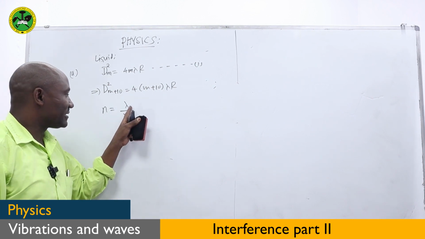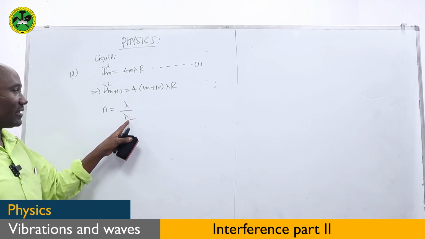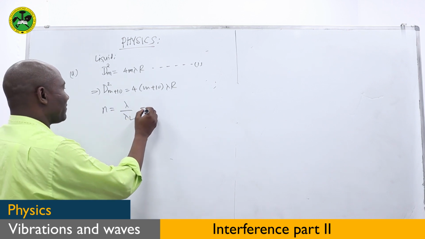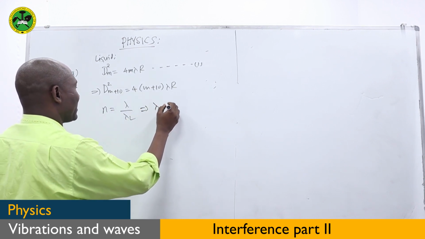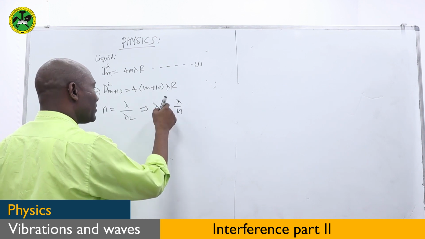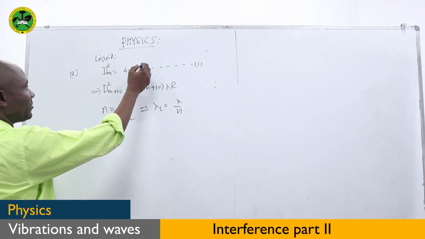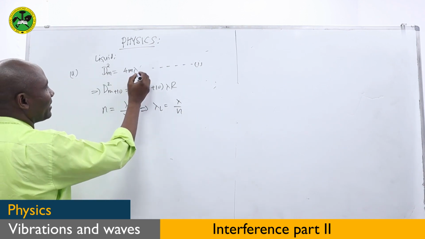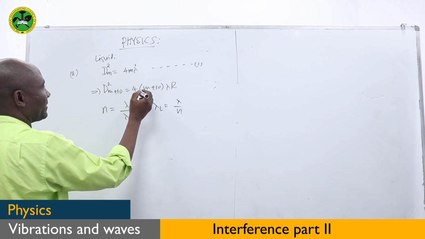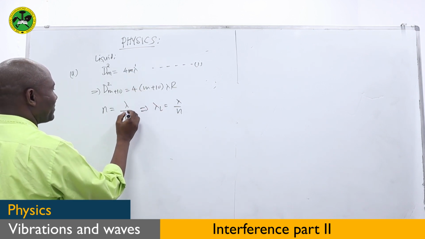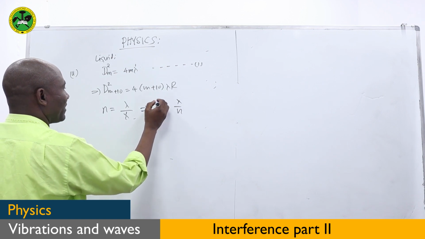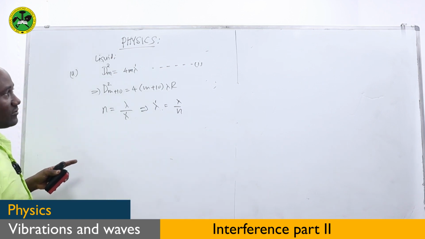This is the wavelength in air, and this is the wavelength in that liquid. So from there you can find the wavelength in the liquid.